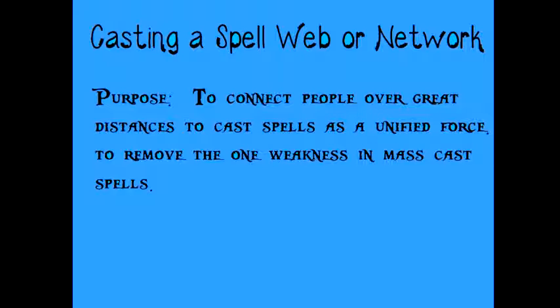So that is my idea on how to build a witch network or a spell network. This would be a great way, I believe, to get better effects on our spells, because by working as a force of 1, our energies would be combined, which would mean that we would have a greater area of effect or intensity of effect against a common goal.